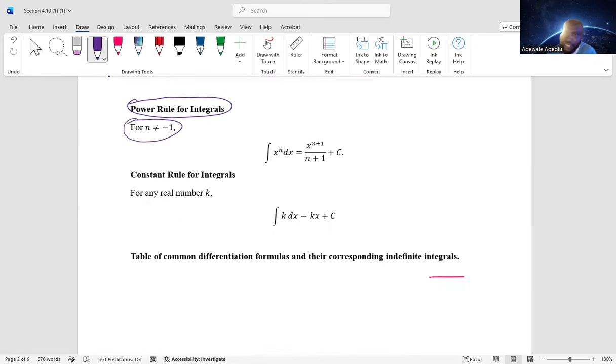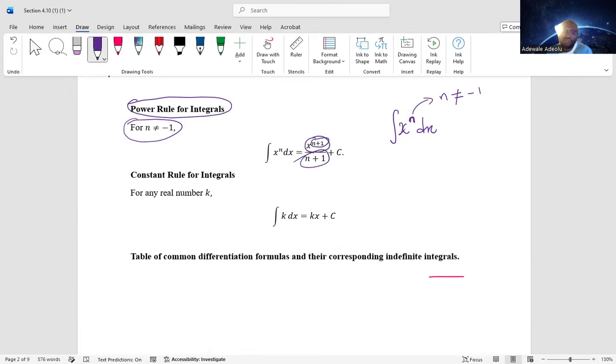If we are taking the integral of some power function, say x raised to the power n dx, we add 1 to the power, and whatever the result is, we divide the whole function by n plus 1. We will see what happens when n is -1 shortly.